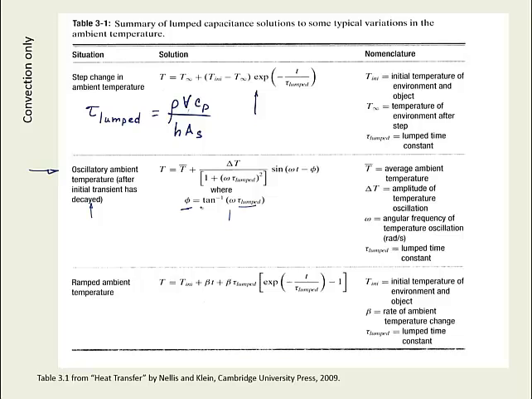The last case that is listed here is for a ramped temperature. So if you had an oven that was heating up, temperature versus time should be a constant slope line, and they give beta as our rate of temperature change with time.